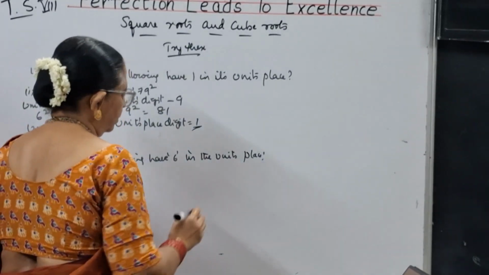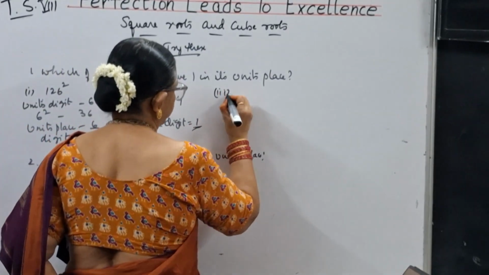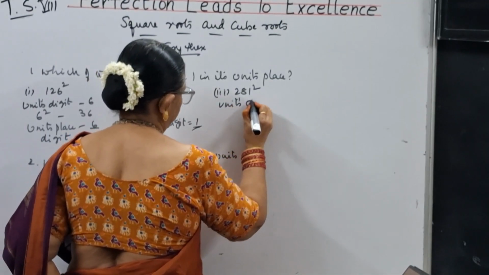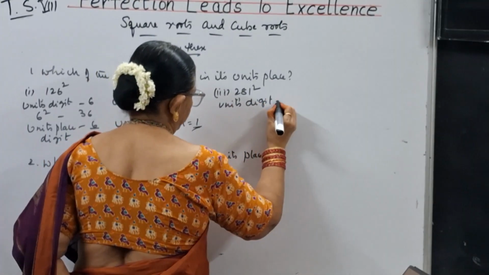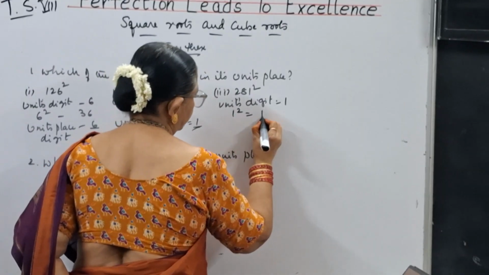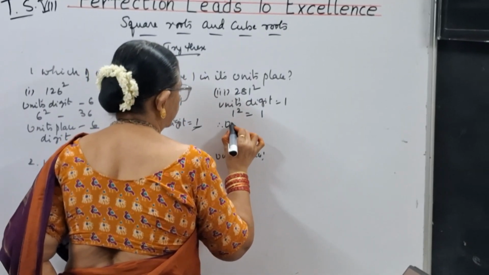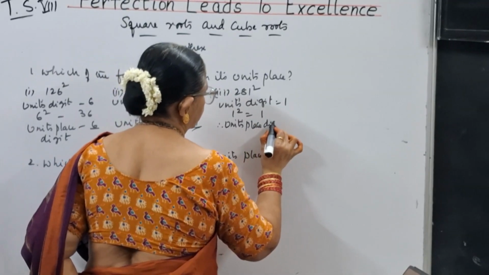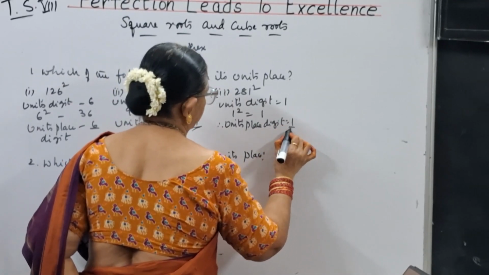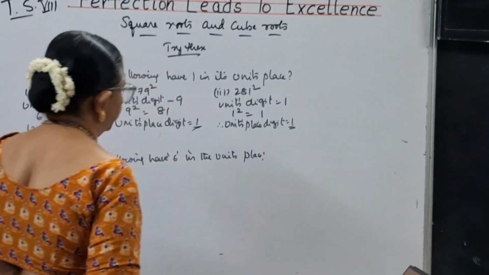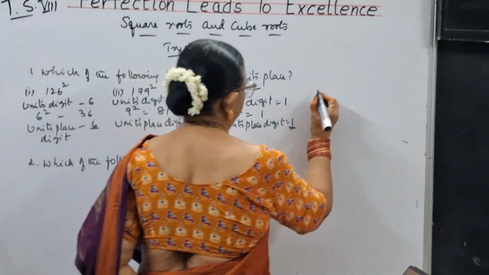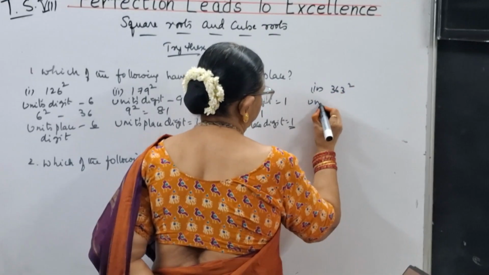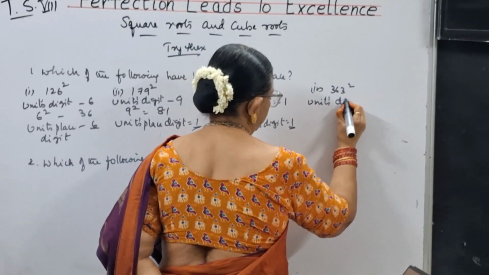So, here also units place digit you have to write. Next, third bit, 281 square. So, what is units digit? Units digit is 1. 1 square is 1. So, units place digit is 1. Next, fourth bit, 363 square. So, what is units digit?